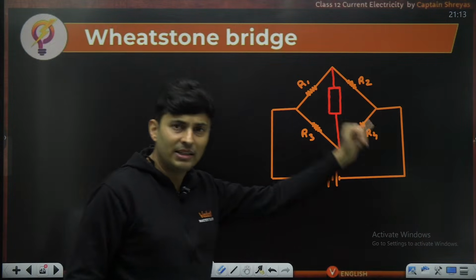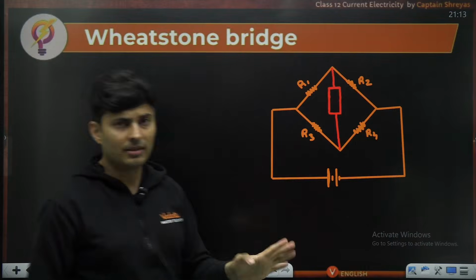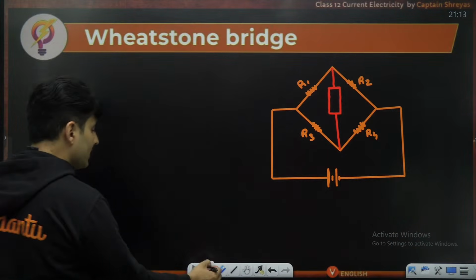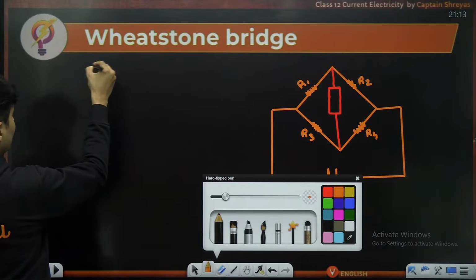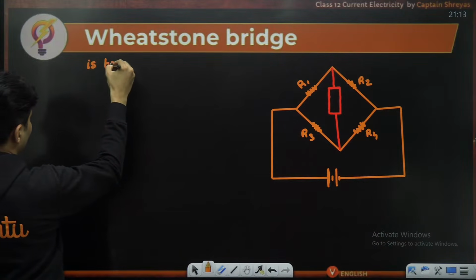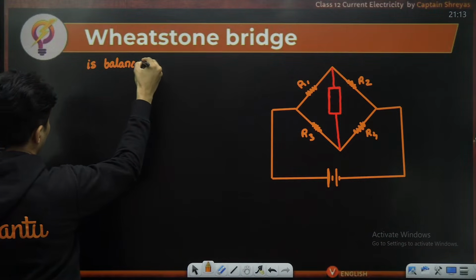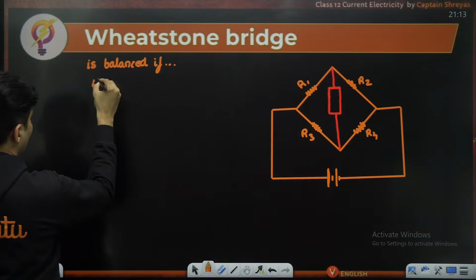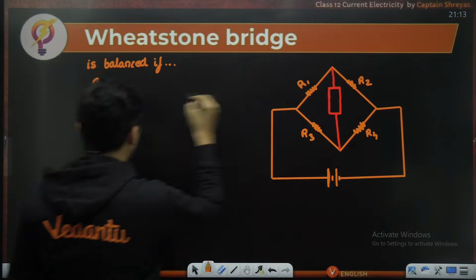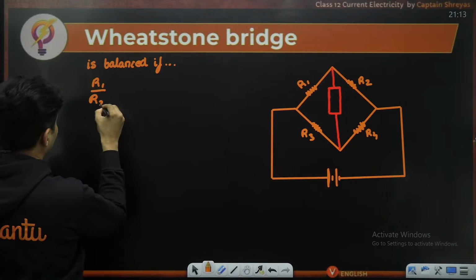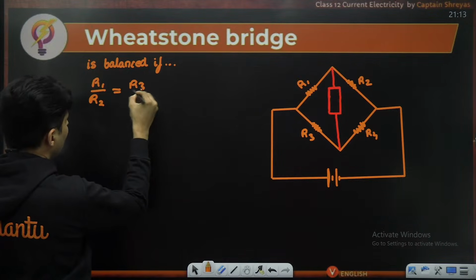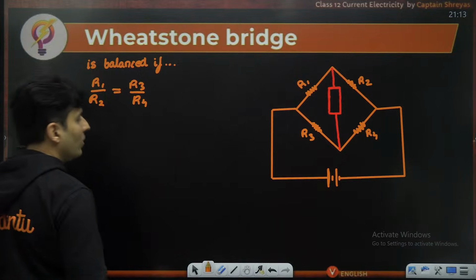Even if it is a capacitor, even if it is a resistor, doesn't matter. But the Wheatstone's bridge is said to be balanced if R1 by R2, this side by this side, R3 by R4, they are equal.